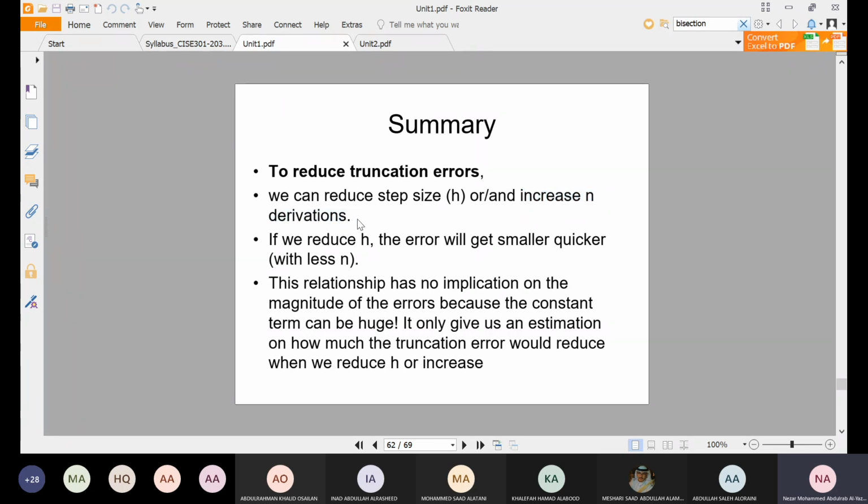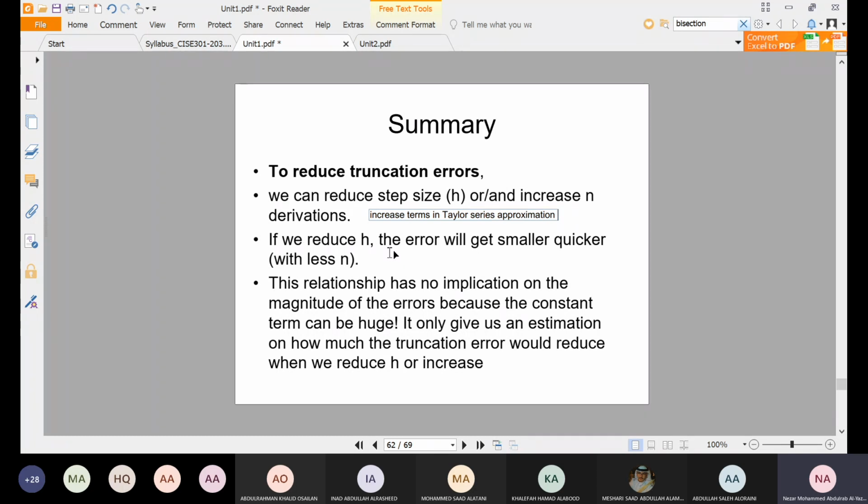In general form, increase the number of terms in the Taylor series. So that means increase the derivatives, or we can say increase the terms in the Taylor series approximation.